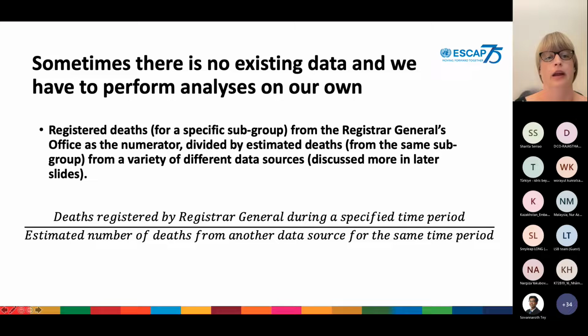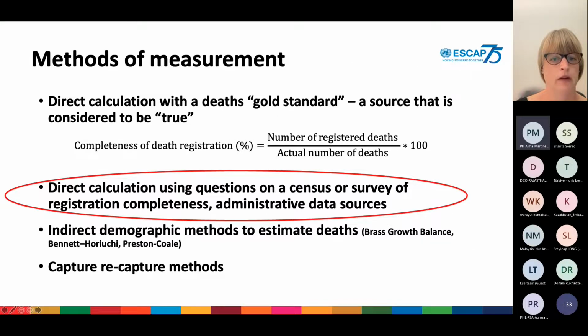Sometimes, though, we don't have a household survey and there is no existing data, so we need to perform the analysis on our own. We talked a little about this yesterday. We're looking at the registered events in the numerator, and then estimating our denominator from other sources. There are different ways we can do this.